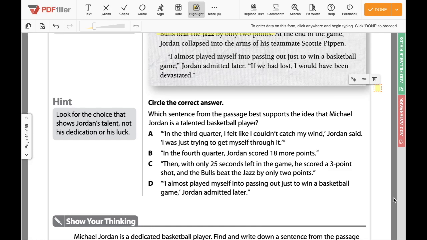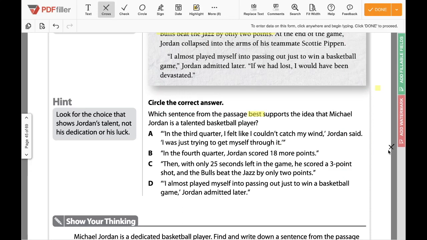So again, we just highlighted 2 sentences that really show his talent. But like we talked about before, the key word that we're looking at here is best. We want it to best support. So we're looking for the best answer.